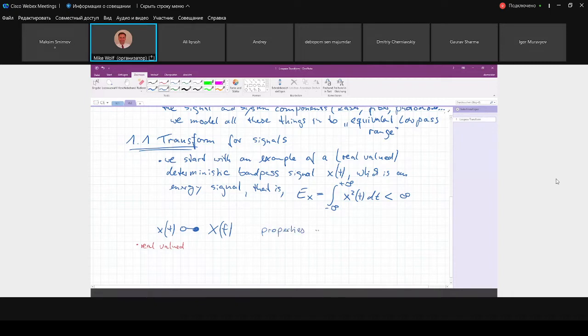Basically we need one major property: if we take a look at positive frequencies, x of f is the same as x of minus f conjugated. So the spectrum of a real valued time domain signal always has this complex conjugated symmetry.